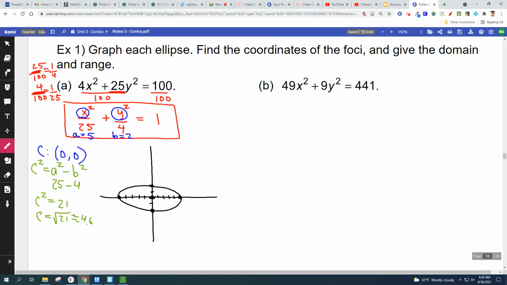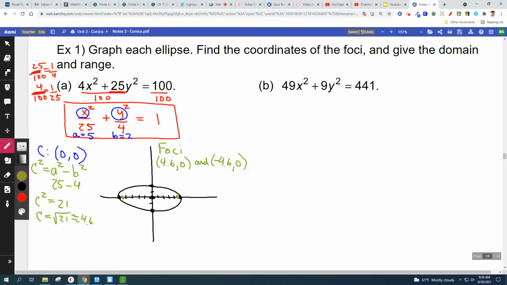So I'm going to go over about 4.6 and put a dot down here, and over 4.6 in the other direction and put a dot down there. That's where your foci would be. So I suppose you could say your focus points are going to be at about 4.6 comma 0 and negative 4.6 comma 0.